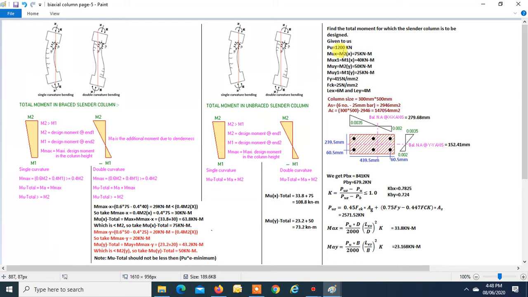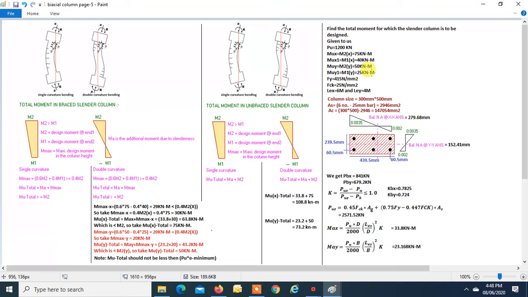This is named Mu2 because this is the larger of the two end moments. Mu1x is taken as 40 kilonewton meter, and about the minor axis, Mu2y, the larger moment, is 50 kilonewton meter, and at the other end it is 25 kilonewton meter.